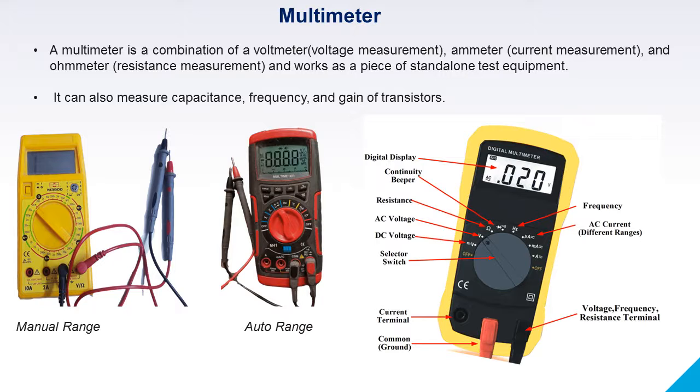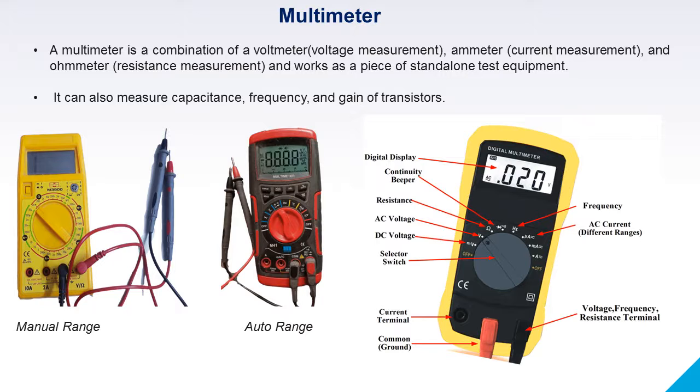Third one is shown that it is giving display unit, that is digital display, continuity beeper for the continuity testing, resistance shown by the ohm sign, AC voltage is shown by sinusoidal sign and voltage, DC voltage is shown so we can measure DC voltage, selector switch.